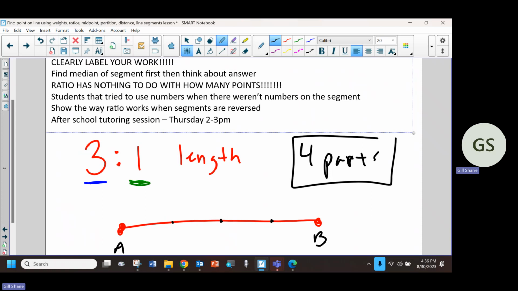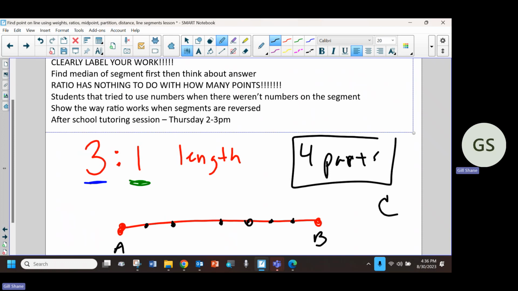So we'll say I'm putting point C on the line. Ratios have nothing to do with how many points are on the line. There could have been 100 other points on here, like points all throughout this line, all over the place. Some of you got confused when there were other points already on there.